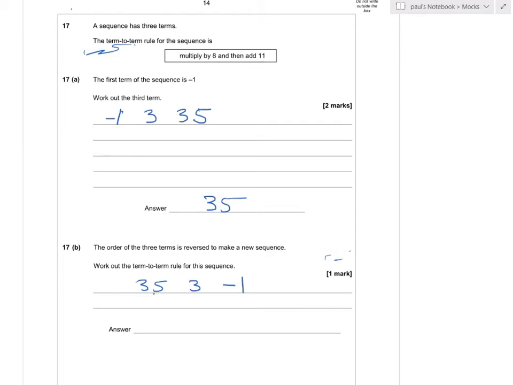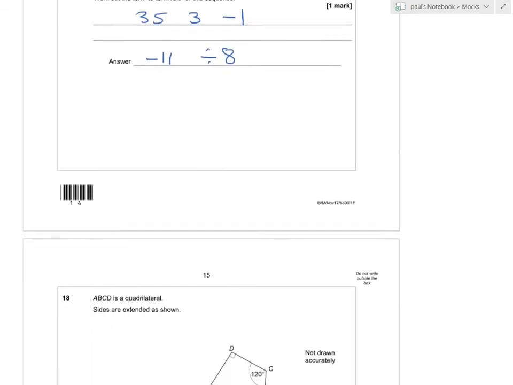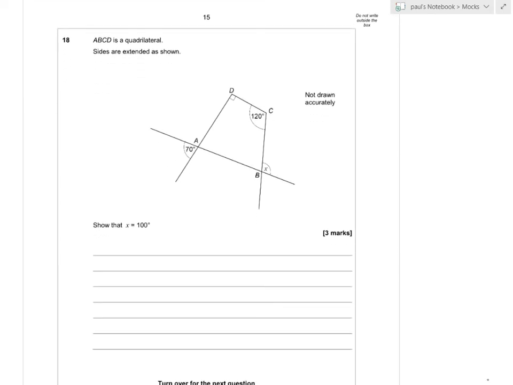So we will do the opposite way round. We're going to take away 11, and that will give us 24, and then divide by 8. I probably said the right numbers, but my hand wasn't listening to my brain.